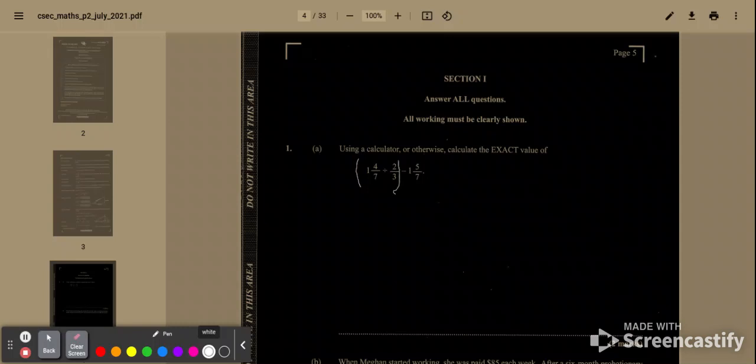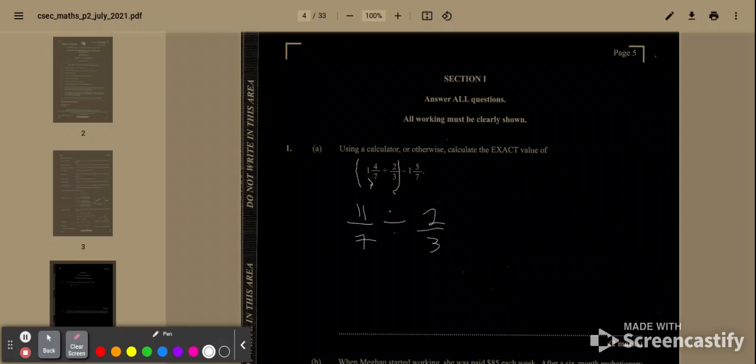Then we retain the denominator of 7. 1 times 7 gives us 7, 7 plus 4 is 11, and we retain the denominator of 7. So it'll be 11 over 7 divided by 2/3.